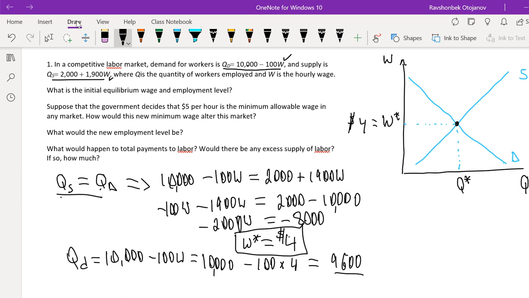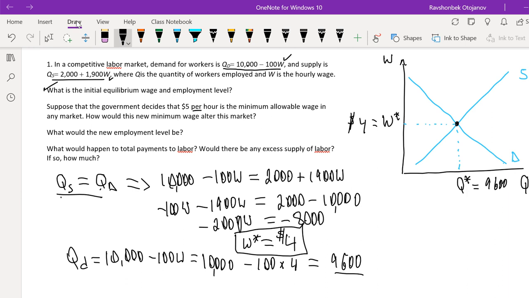This is the number of people employed at the wage of $4 per hour, and that's the solution to this part.